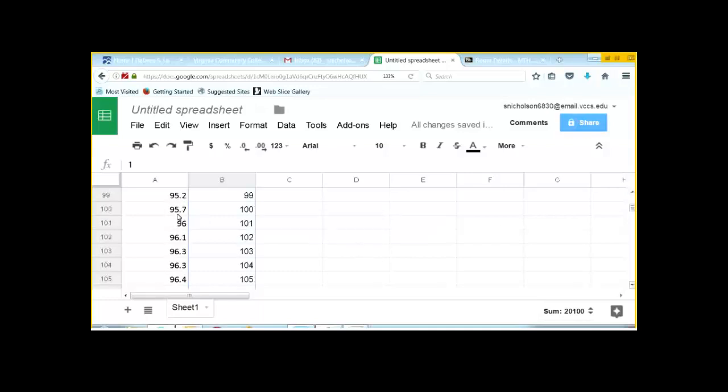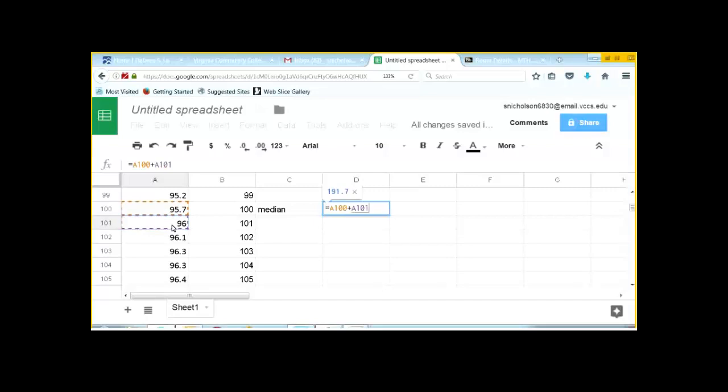So I'm looking in column B. My median is going to equal this number plus this number, and I need to divide by 2. So that's the sum of the two. I forgot to put a parentheses here, so if I put parentheses around it and divide by 2, that's going to be the median. So it's the average of the 100th and the 101st number.